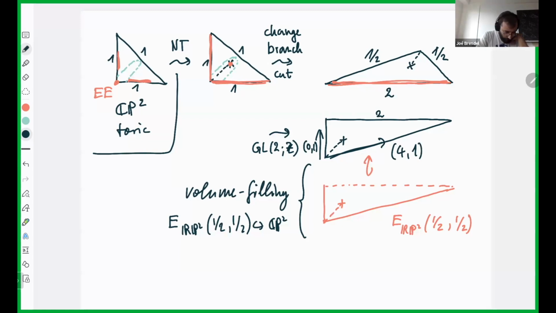If you keep track of everything, you see that these lengths are 1/2 and 1/2. So this means that we have produced a volume filling embedding of an RP2 ellipsoid of sizes 1/2, 1/2 into CP2. So this is what I've tried to draw here. I actually see the embedding.